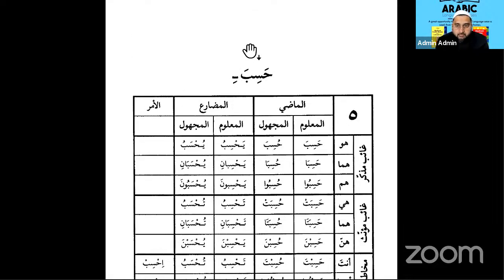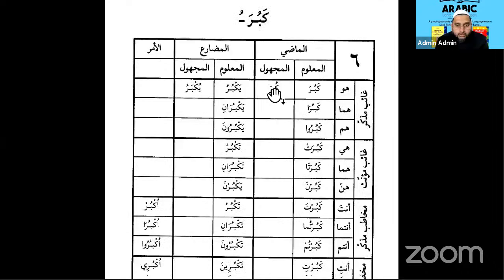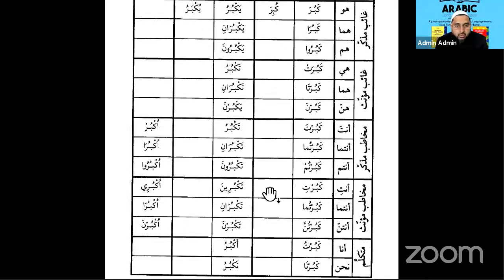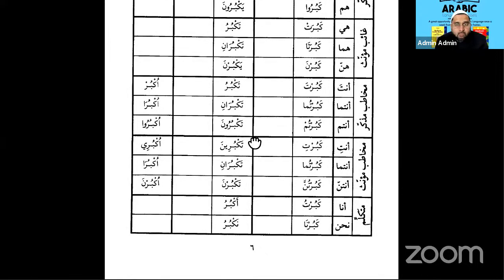Right. Next one we're going to do, Sister Sukaina, can you explain this one here now? So kabura yakburu is the last pattern of the three-letter verb. Takburu means he is becoming big. So how would you make the imperative or the order of takburu?